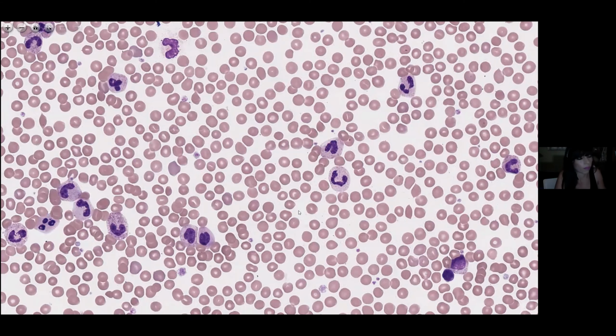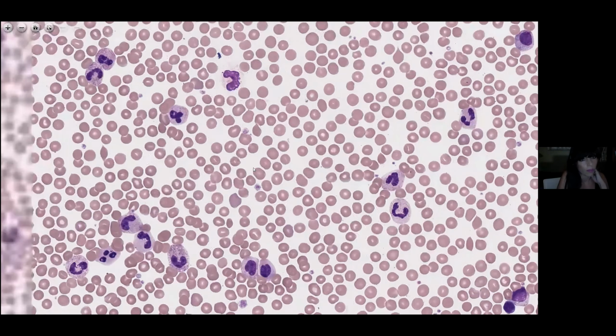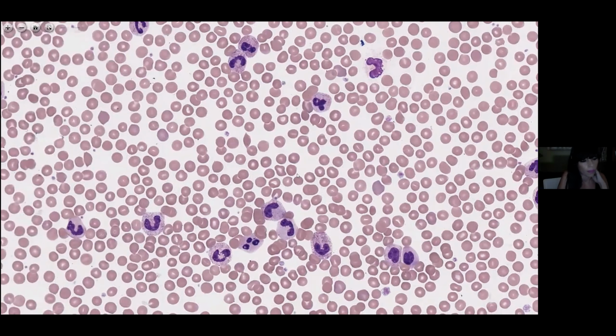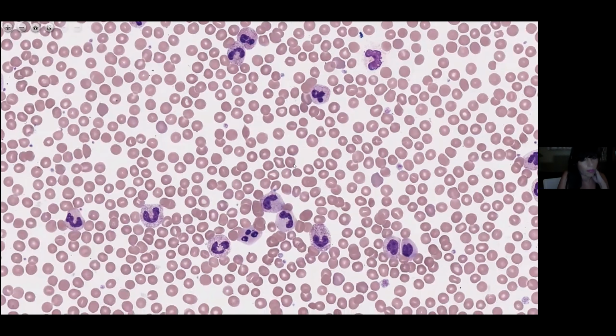Is this CMML, CML in particular? Then is there more of a left shift? But generally, if you're left shifted, you're probably going to see more myelocytes. And that's a better distinction of calling something left shift than numerous band forms, I think. And I think that's where these consensus comments from big groups have come from, really.